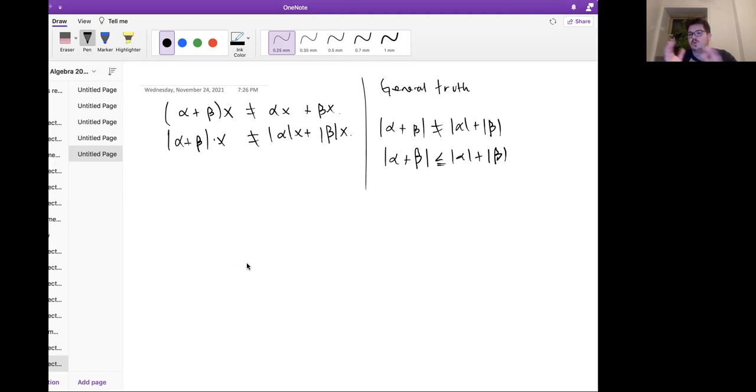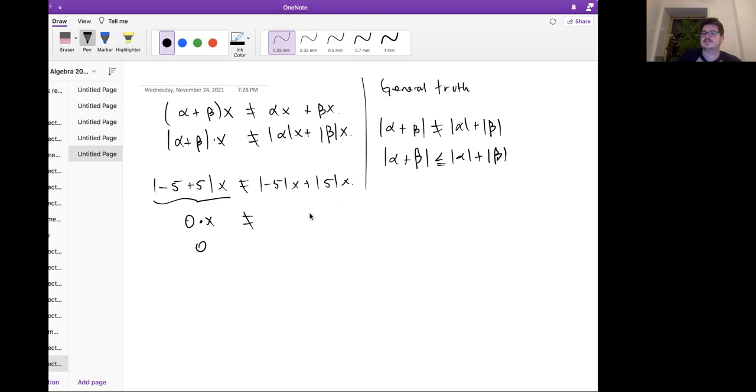So whenever you use one negative and one positive, that's always a good example. So you can do -5 and 5. That's good. The absolute value of (-5 plus 5)x is certainly not equal to the absolute value of -5x plus the absolute value of 5x. So what does this turn into? 0.